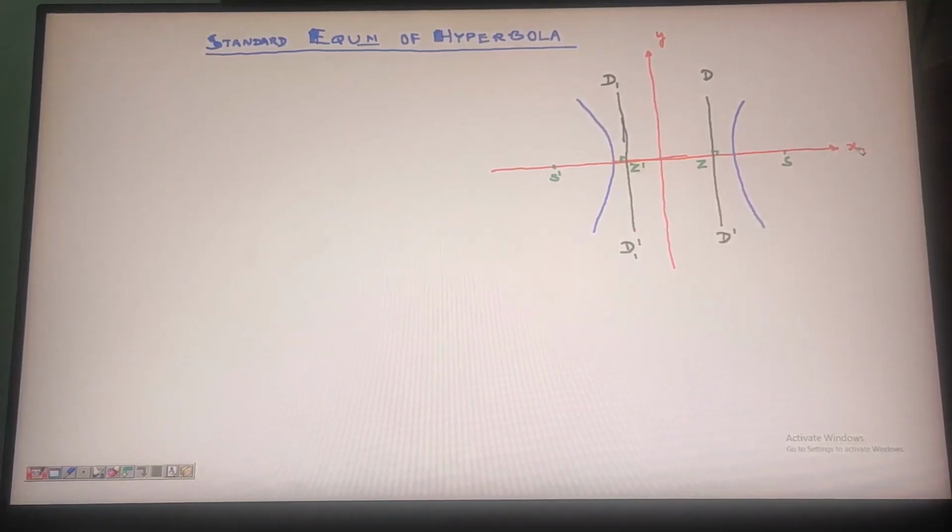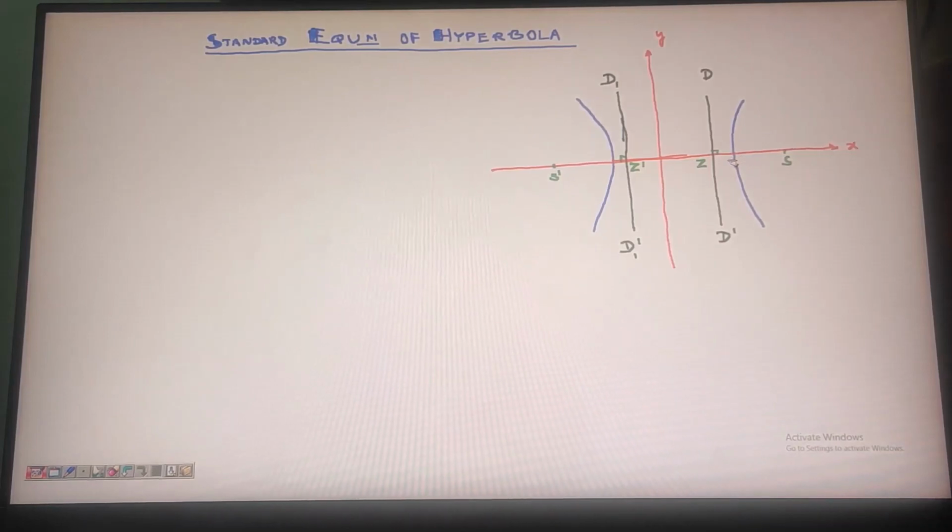So this is the x-axis, meaning S dash lies on the x-axis, and this is the y-axis. Okay, so now let me start. First of all, I'll consider any point on the hyperbola. I am considering a point here, A, and on this side, A dash.